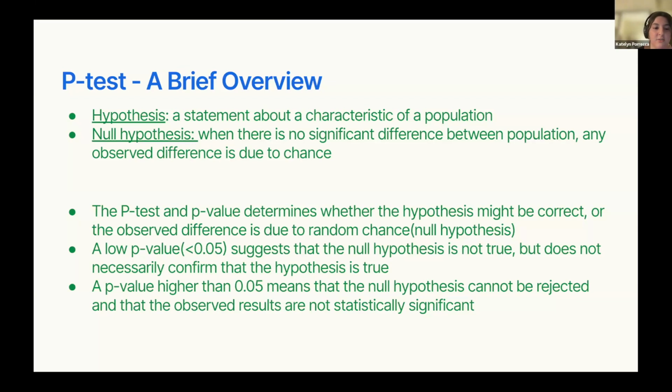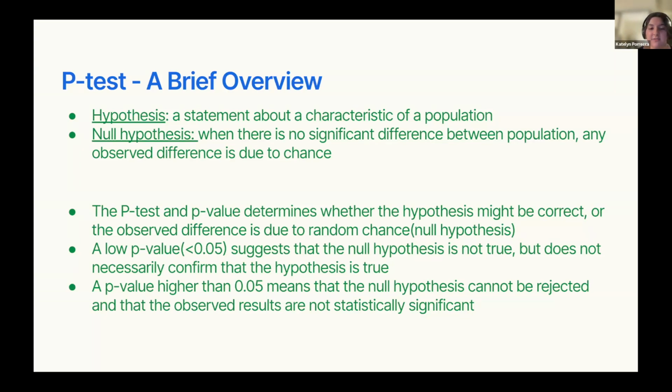So a low p-value, and typically you'll see either 0.05 or 0.01, depending on how specific you want to be, would suggest that the null hypothesis is not true, meaning that this event occurred and it's not due to random chance. It's not due to like a 50 out of 50 chance of happening.